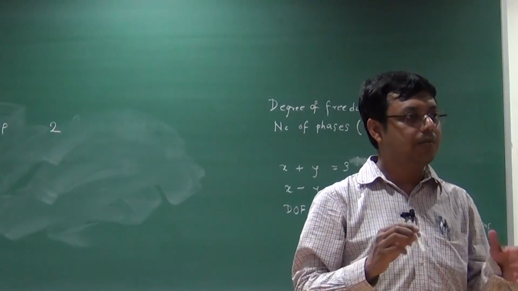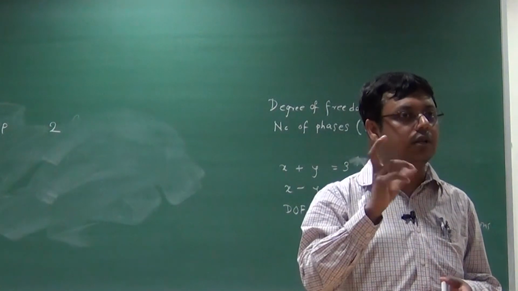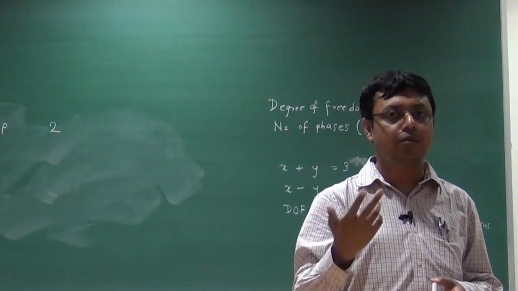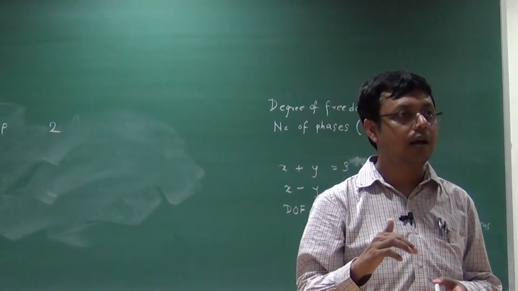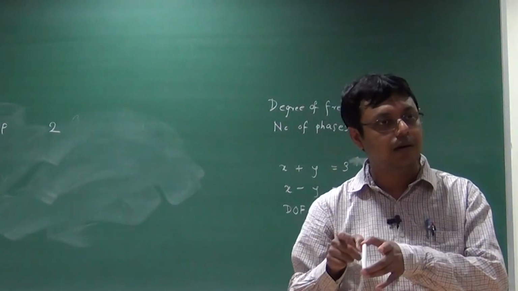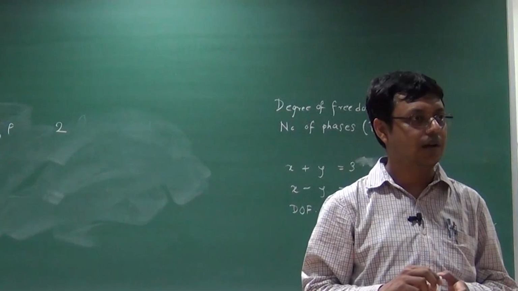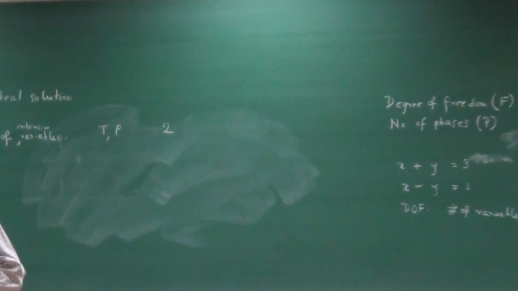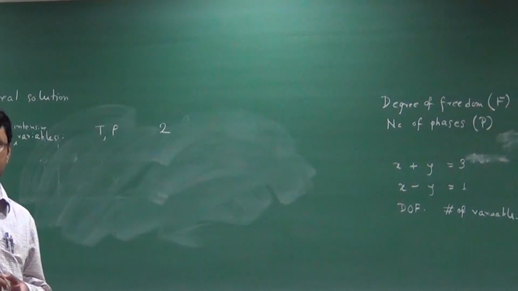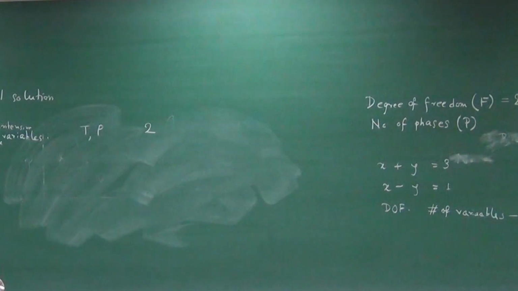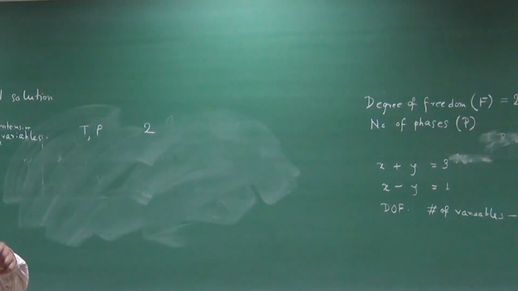Suppose I have 2 things, water and phenol. I need the mole fraction of water and phenol, not just in liquid, but also in vapor and in solid. So the total number of components times the number of phases will add more variables.